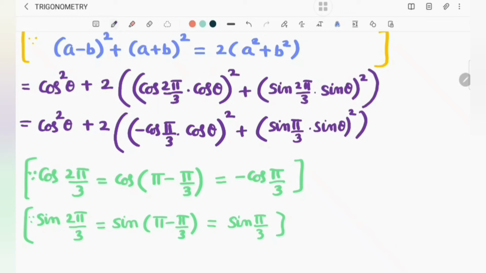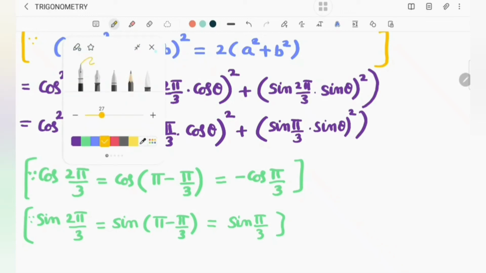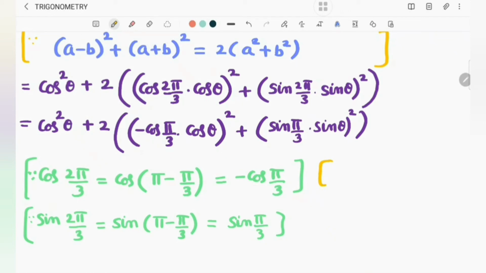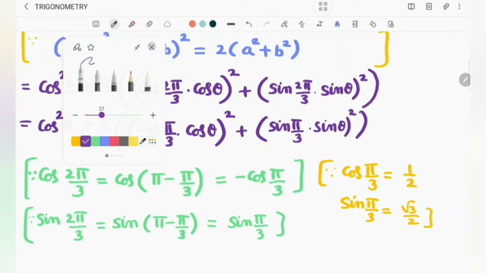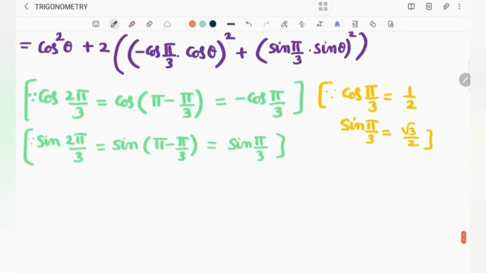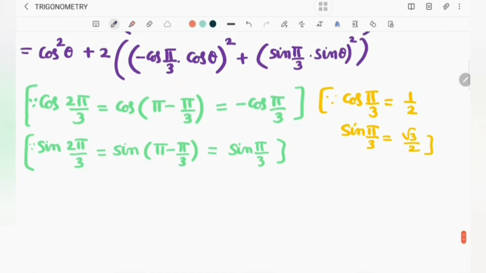Here once again I will represent the values of sin and cos. Cos pi by 3 value, that means cos 60, is 1 by 2. Sin pi by 3, whether it is minus or plus, that we will apply in the question. Sin pi by 3, that means sin 60, is root 3 by 2. So substitute the respective values in that.